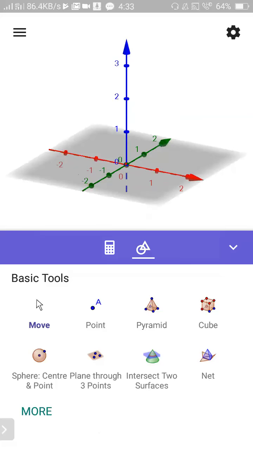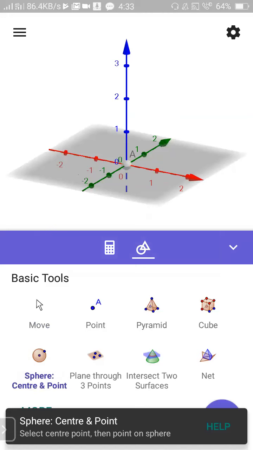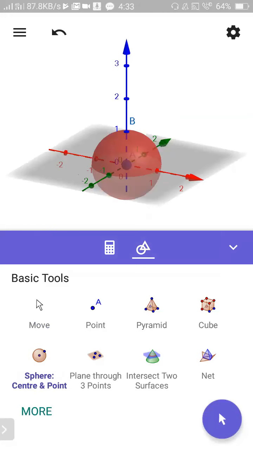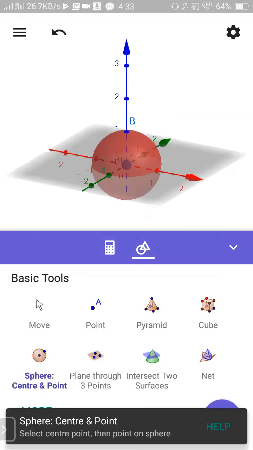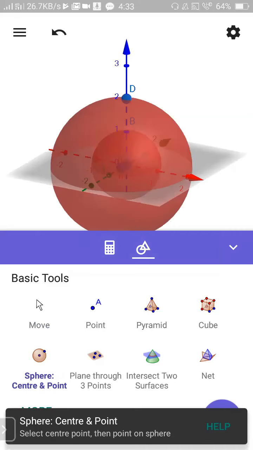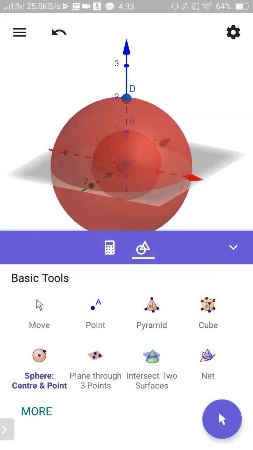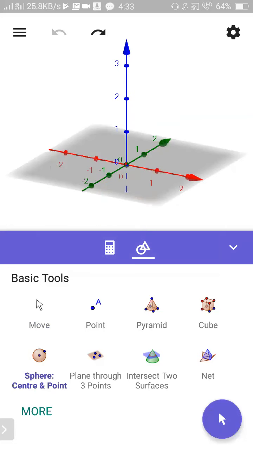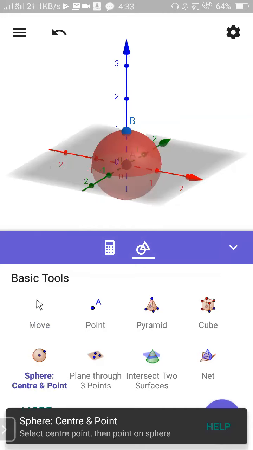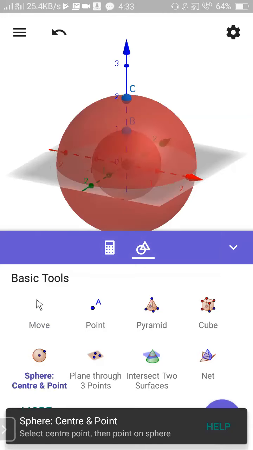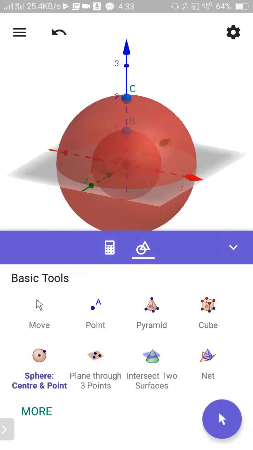I will draw the sphere. This is a sphere of radius, say, 1. Next I will draw a sphere of radius 2. Now I have two spheres.